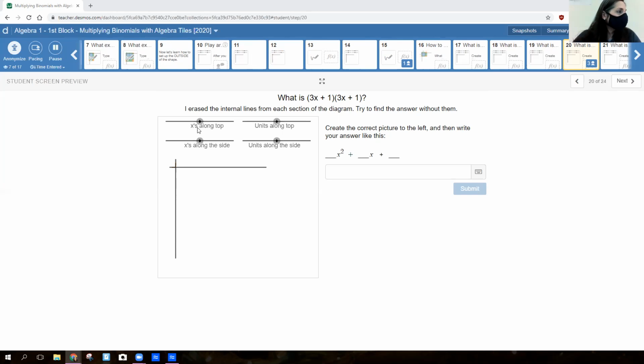Okay, so 3x plus 1, 1, 2, 3, plus 1, like that. Oop, not like that. There you go. And then 3x plus 1, like that. There we go.